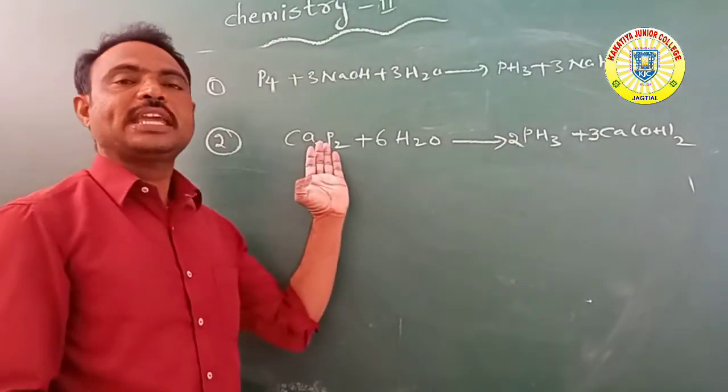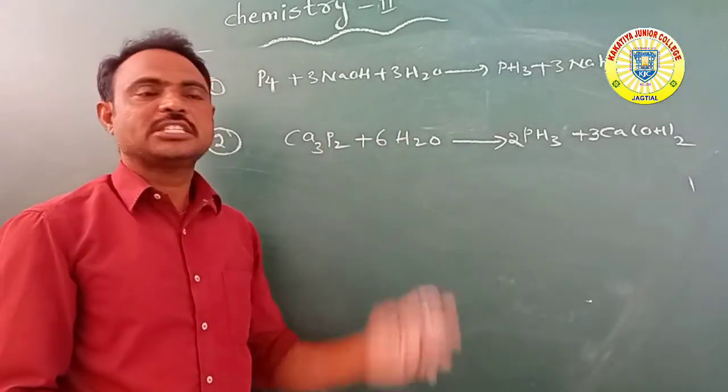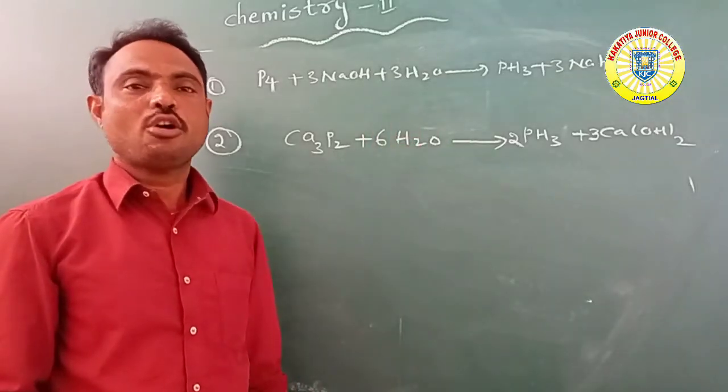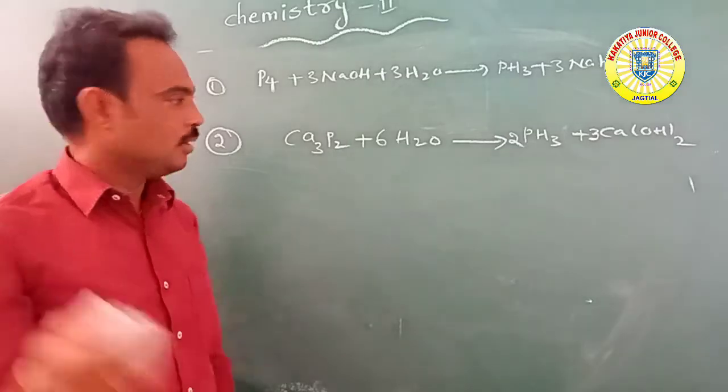So when calcium phosphide reacts with water, it forms calcium hydroxide and phosphine.